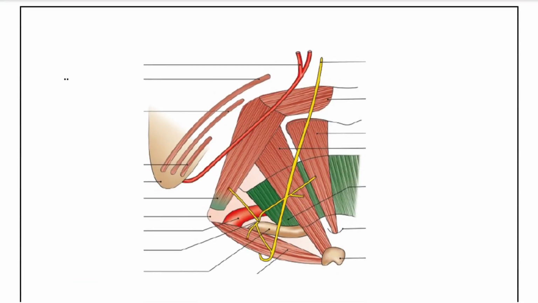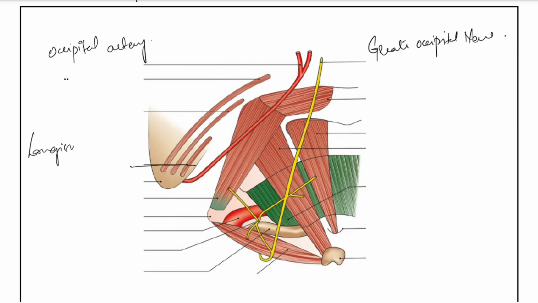Okay, let's see the diagram now. The vessel here that you see is your occipital artery. Okay, and this is the greater occipital nerve. This that you see is the longissimus capitis. This is the mastoid process.